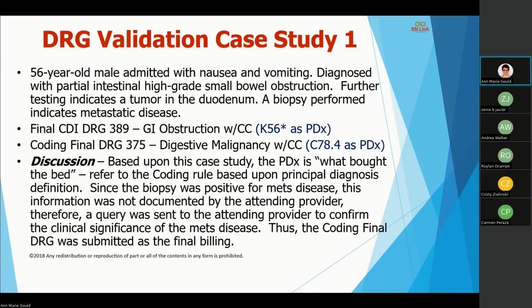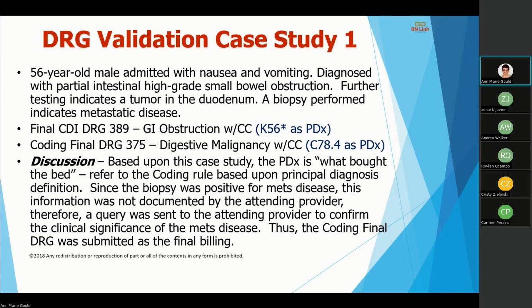Okay, so that's why things change. Maybe we didn't see the path report on our last review. Maybe a query wasn't needed, but the path report was in there and it was in the discharge summary. So the coder saw that, but we didn't because the patient was discharged. So we never saw the discharge summary.